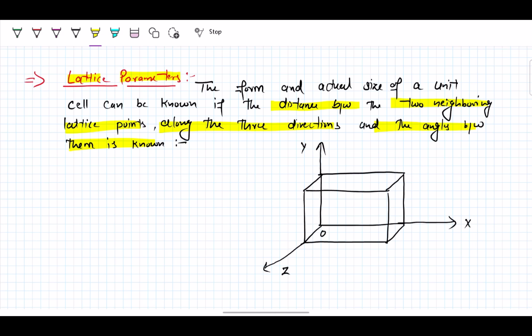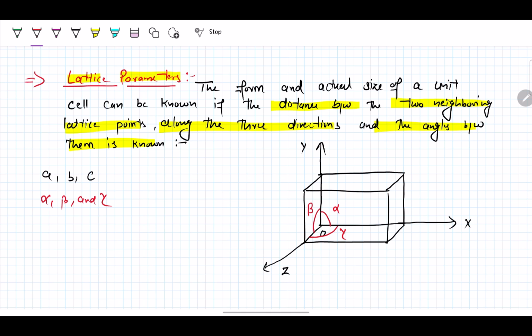So apart from these 3 dimensions, what we use are lattice parameters, which are represented by A, B, C. And the angles between them along the 3 axes, likewise in this cubic crystal system: the angle between x-axis and y-axis is represented by alpha, between y-axis and z-axis the angle is beta, and between z and x-axis is gamma. So these are the 3 angles, alpha, beta and gamma, and lattice parameters A, B, C.